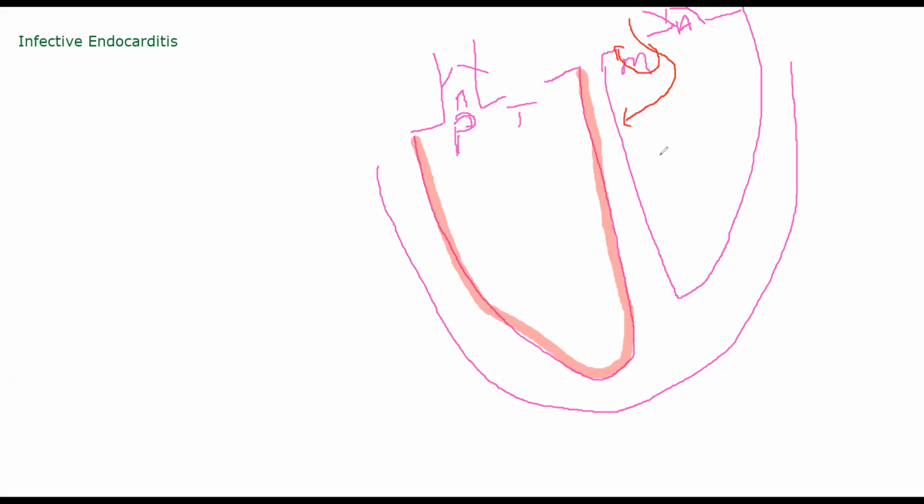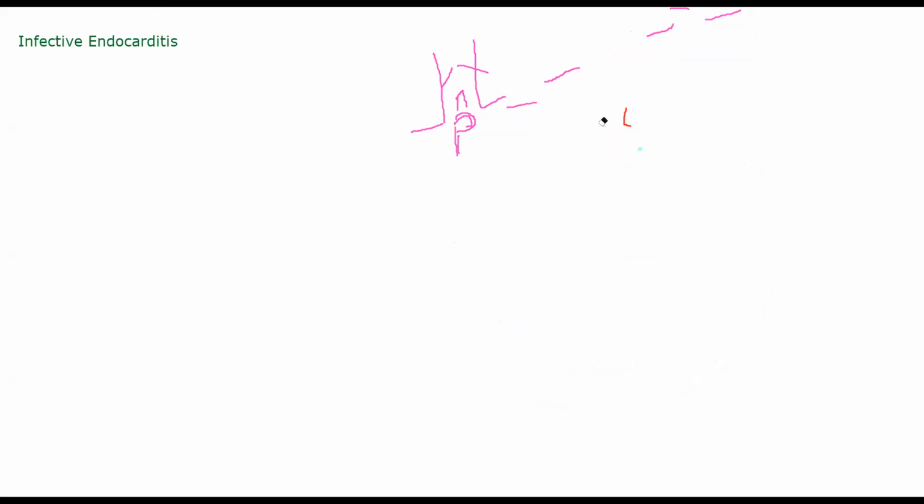Now, these infections are mostly bacterial. Very rarely, some other infective agent will cause endocarditis. There are some other conditions as well in which endocarditis will occur, but they are not the infective type of endocarditis, so I will not get into that. Now, infective endocarditis specifically is of two types.